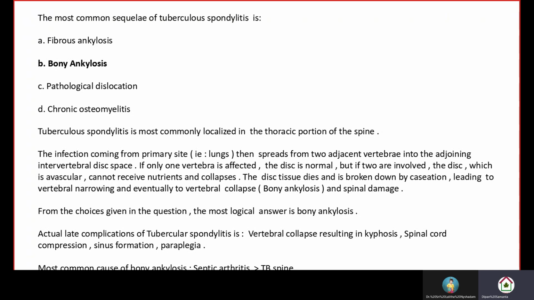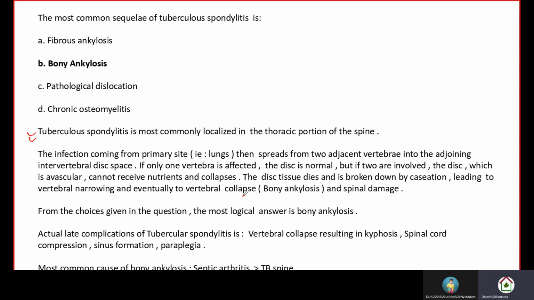Tubercular spondylitis is most commonly localized in the thoracic portion of the spine. The infection coming from the primary site, that is the lungs, primary tuberculosis, spreads from two adjacent vertebrae into the adjoining intervertebral disc space. If one vertebra is affected, the disc is normal.